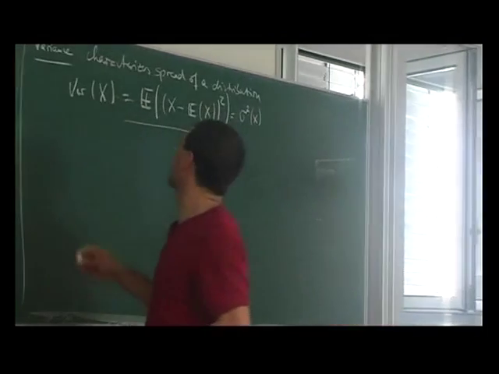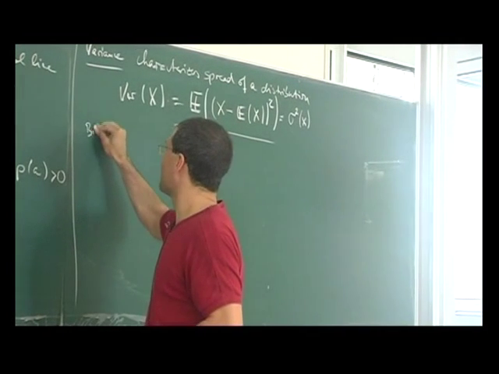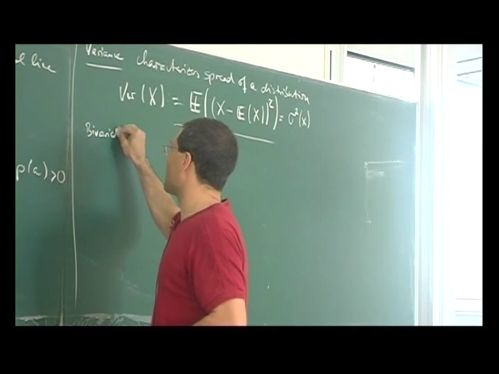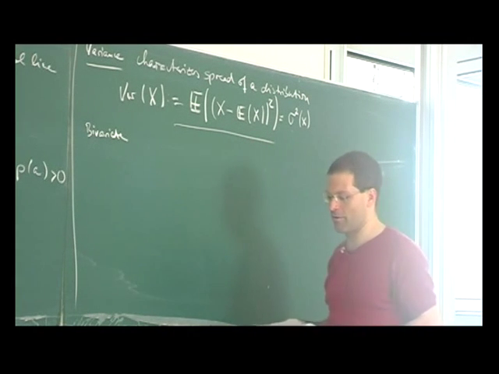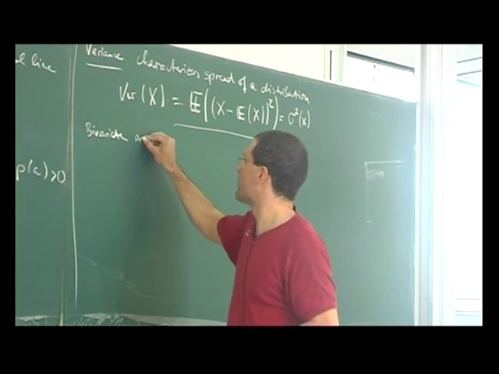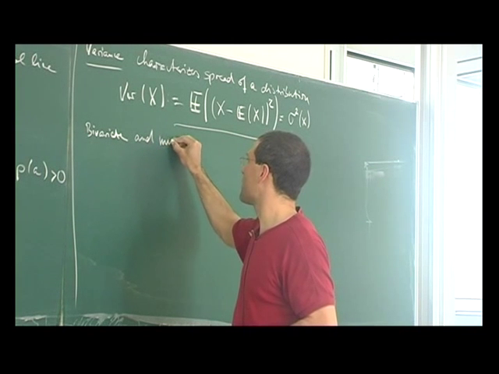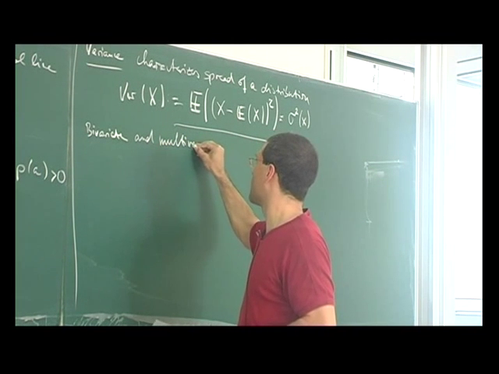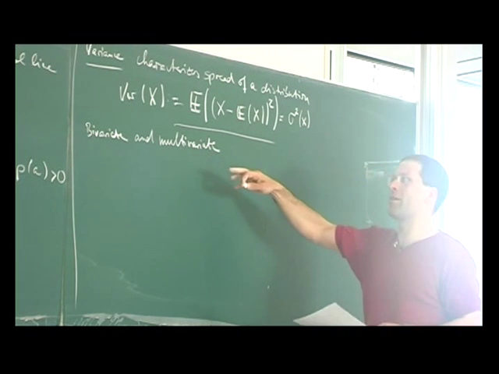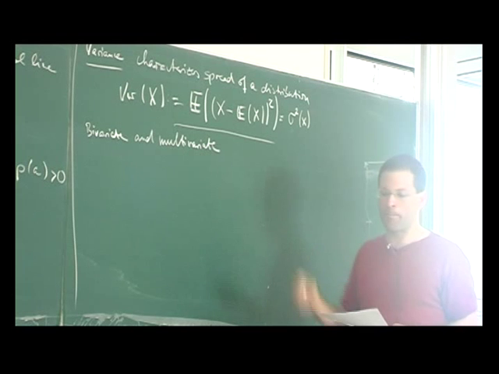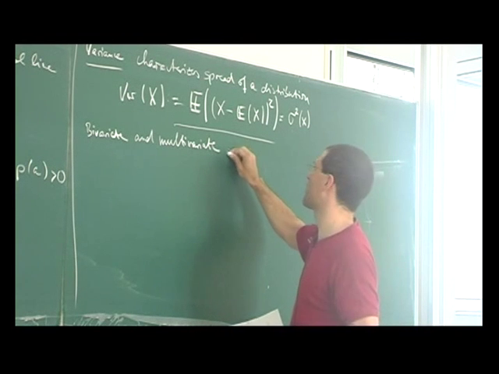Now maybe there's something new, namely, if we now start looking at distributions that depend on more than one random variable. So we can look at so-called bivariate, if it's two random variables, or more generally, multivariate distributions.